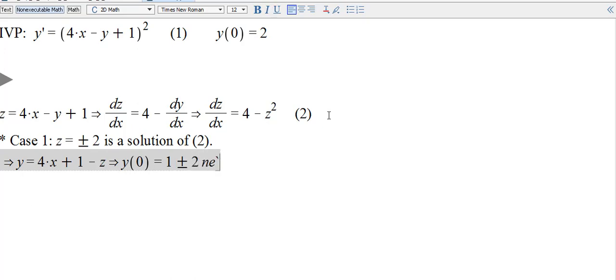And this, of course, is different from 2. Therefore, the first case does not happen.